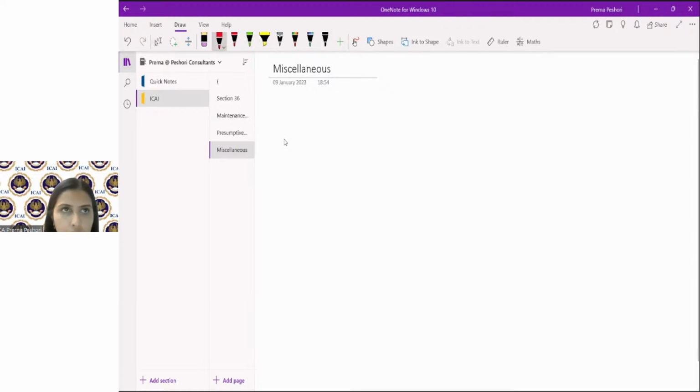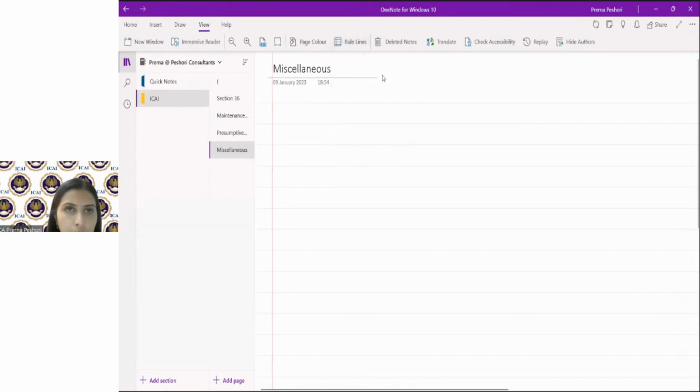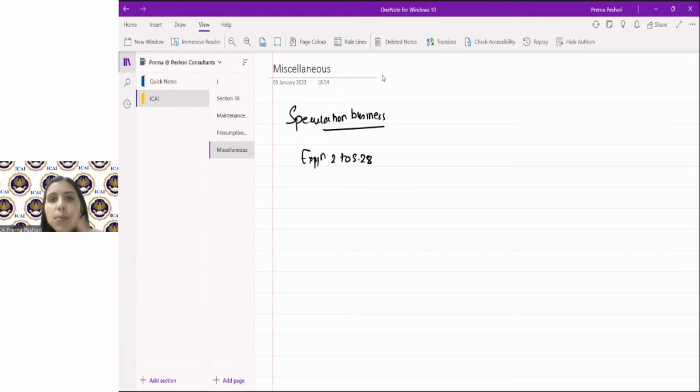speculation business. Now, Explanation 2 to section 28 specifically provides that where an assessee carries on a speculative business, that must be deemed as distinct and separate from any other business.